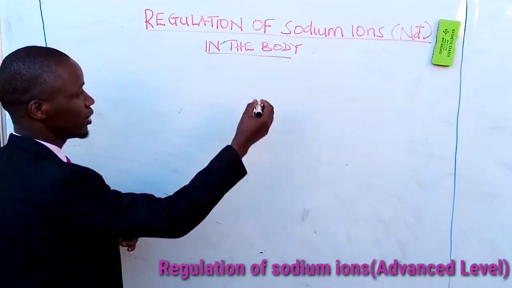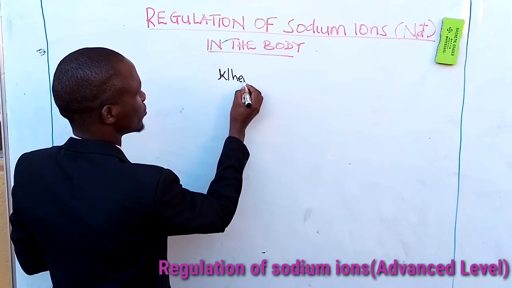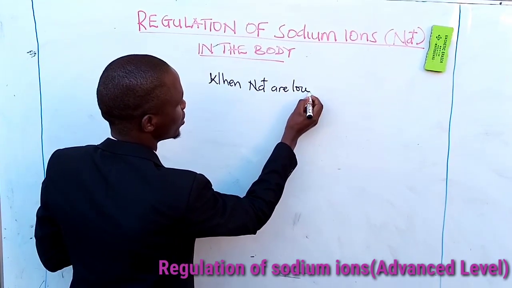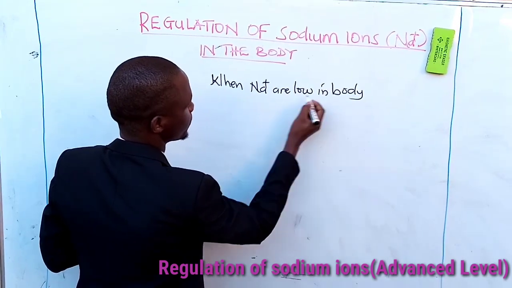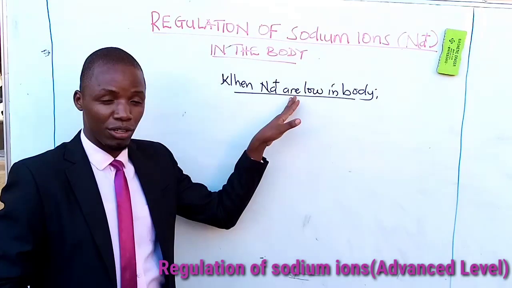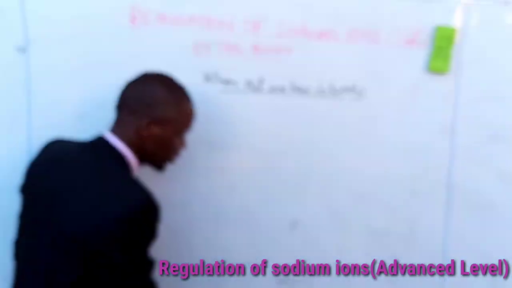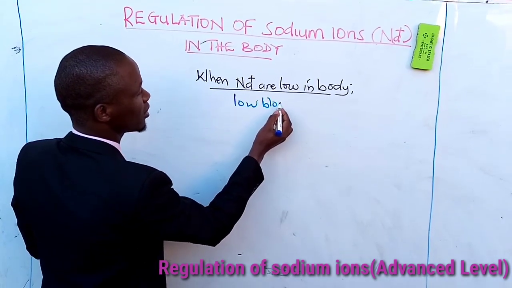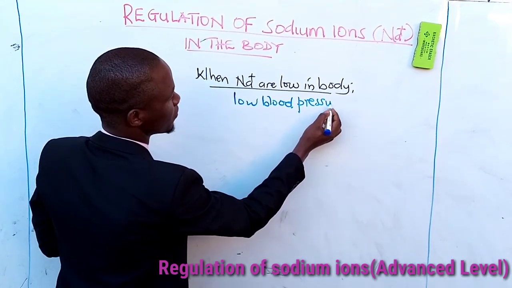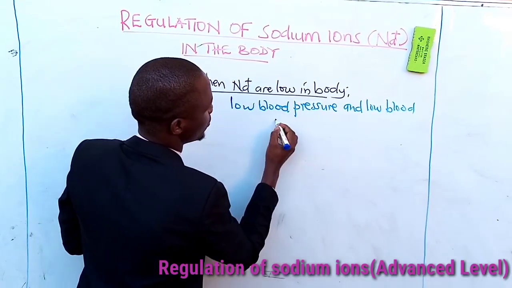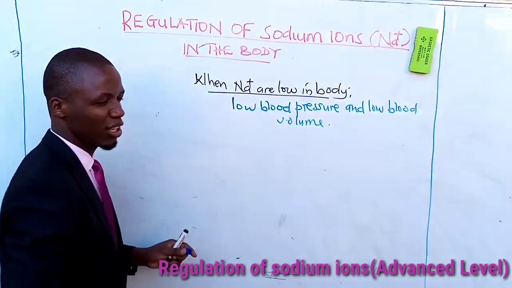So when sodium ions are low in the body, low sodium ions will bring about what we call low blood pressure and low blood volume. You might be asking yourself, how?